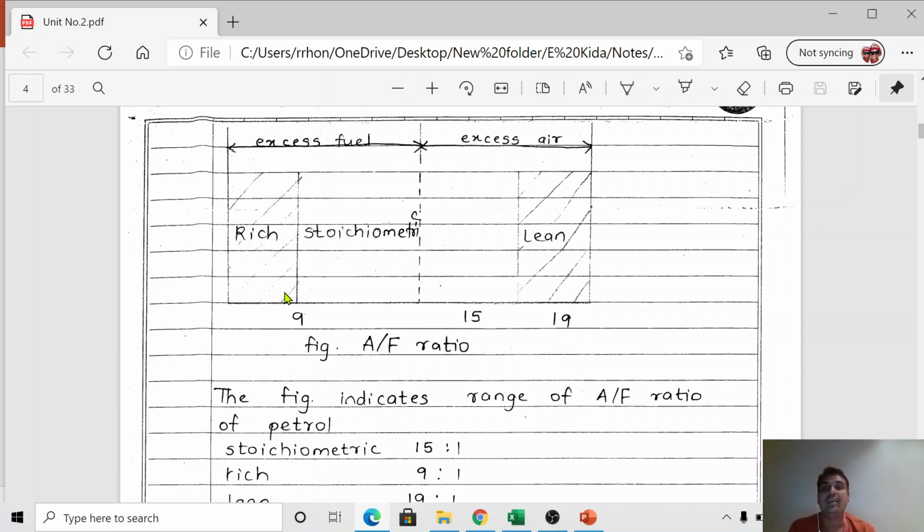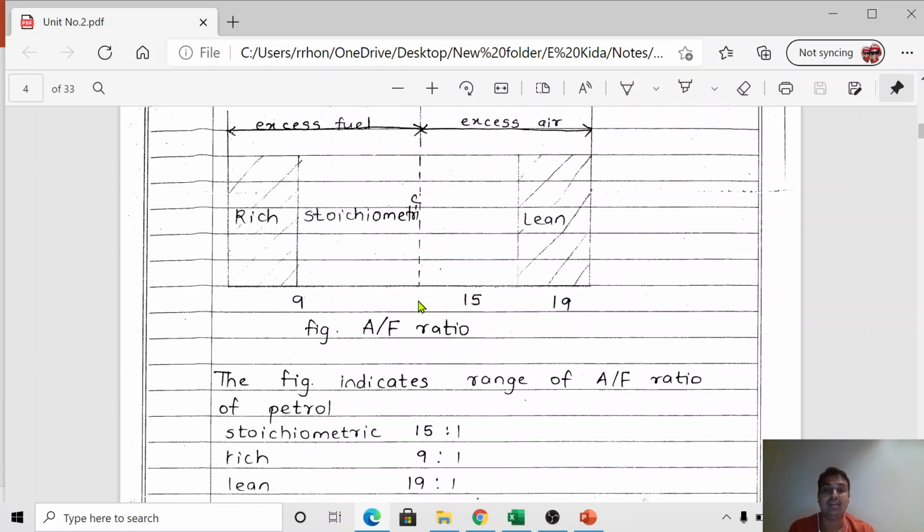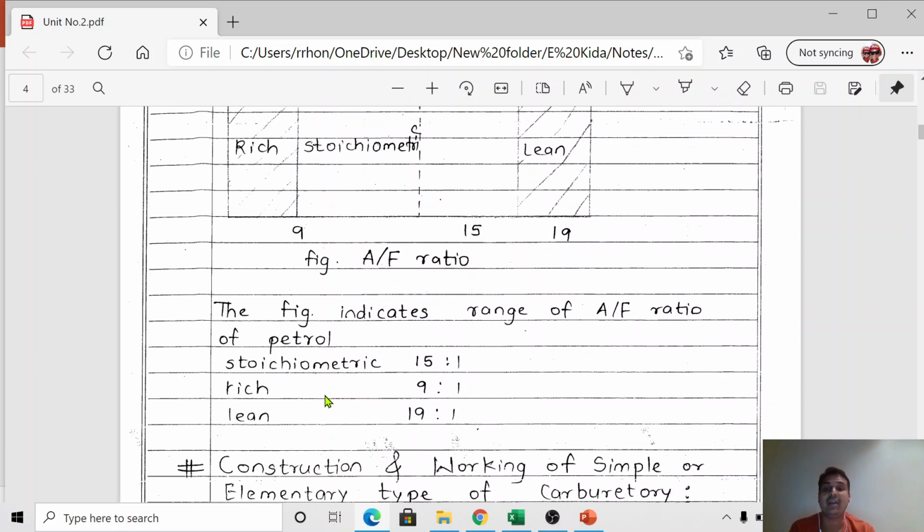Here the range is 9:1, here it is 15:1, here it is 19:1. What does 19:1 mean? More air is there, so the mixture is lean. What does 9:1 mean? Less air is there, so the mixture is rich. And the stoichiometric range is 15:1. So this indicates the stoichiometric range, rich range, and lean mixture range.